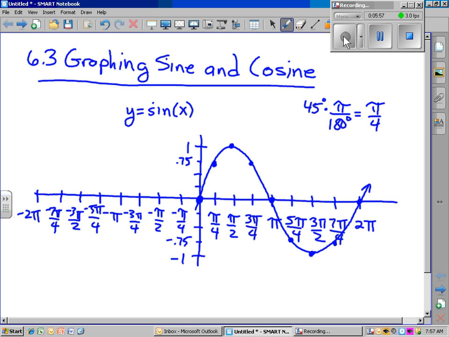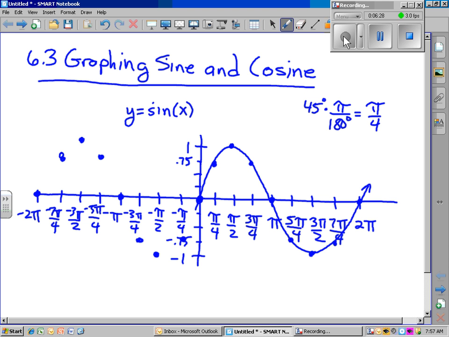Okay, so we're going down, obviously, so we're going to be at negative 0.7 for negative 45 degrees, negative 1 for negative 90, negative 0.7 for negative 135, 0 at negative 180, and then positive 0.7, 1, 0.7, 0. And again, we're going to connect that up.